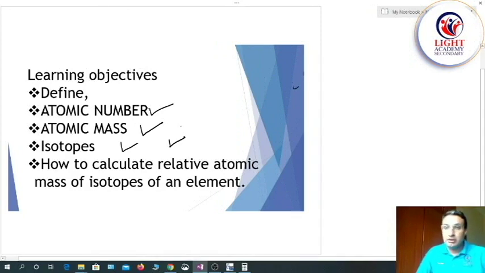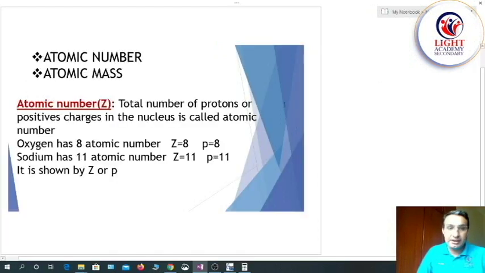So in our first presentation here we can start with the definition of atomic number. Atomic number can be defined as the total number of protons or positive charges in the nucleus.